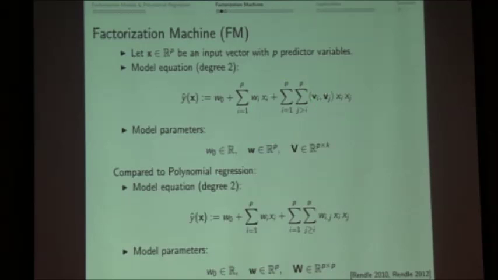But the important difference is how these variable interactions are parameterized. So in the polynomial regression model, we would have p square many variables to estimate, and each pair in a polynomial regression model, so w_ij and w_il, are completely independent. They have nothing to do with each other, even though they share the index i.